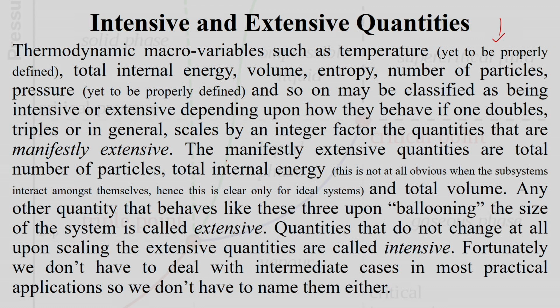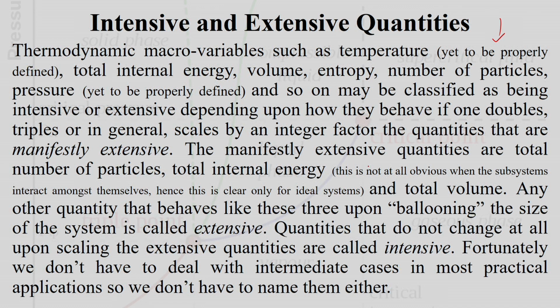The way to classify them is to double the size of the system and ask yourself: do these quantities also double or do they remain the same? If they double along with the size of the system, you say it is extensive. If they do not change at all, you call them intensive.